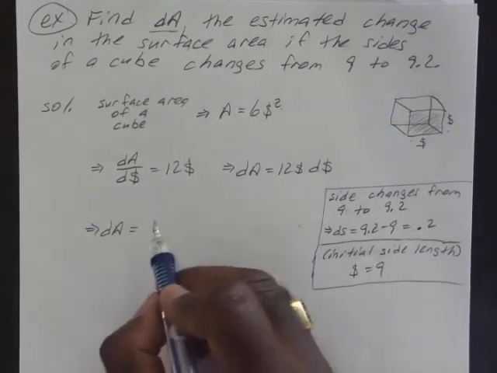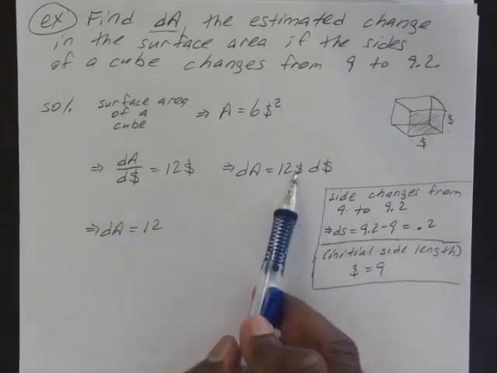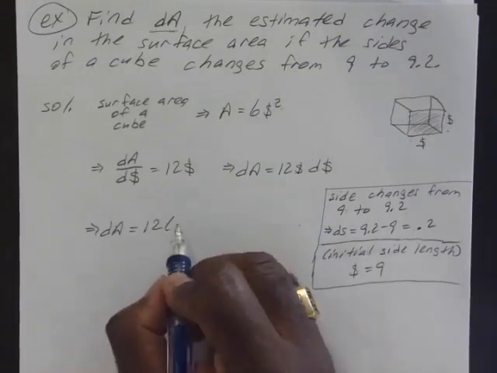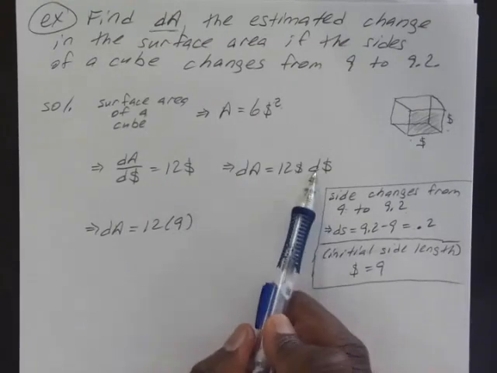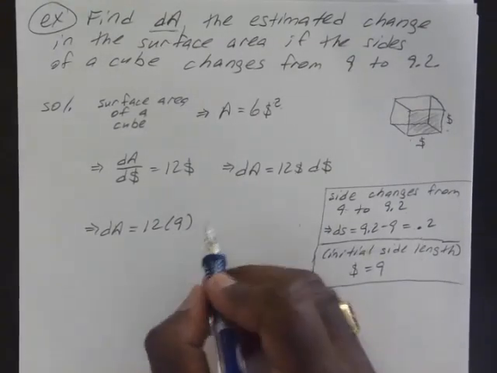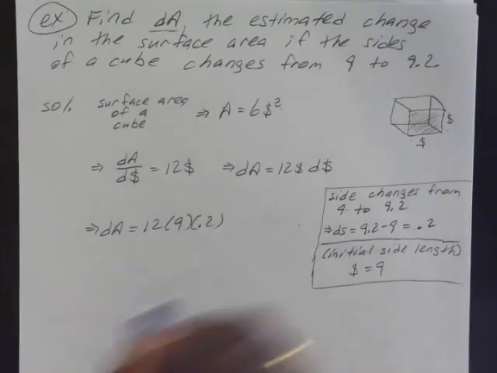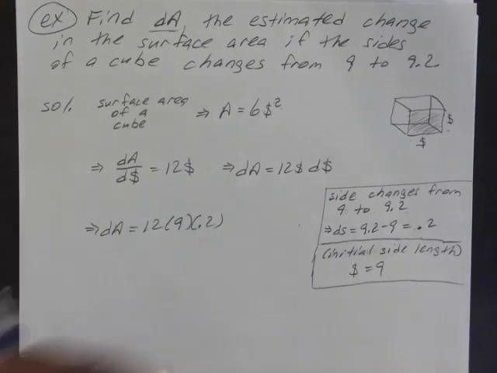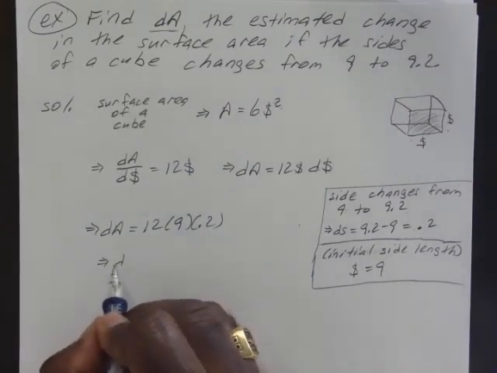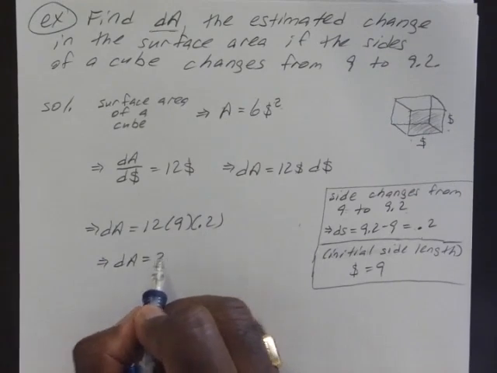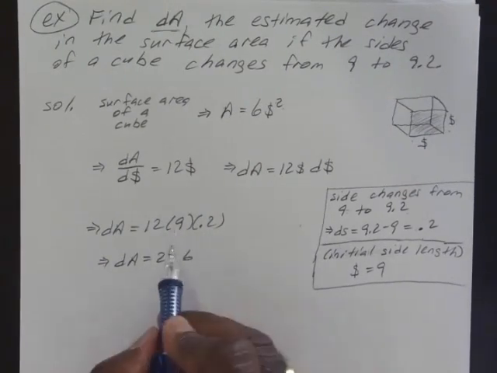So your dA is equal to 12 times S, which is 9, times your ds, which is 0.2. dA is equal to 21.6.